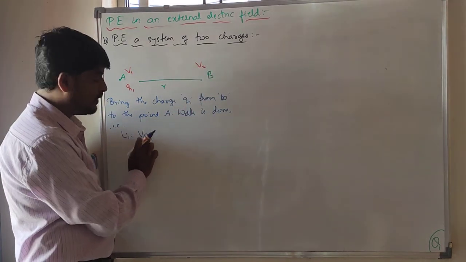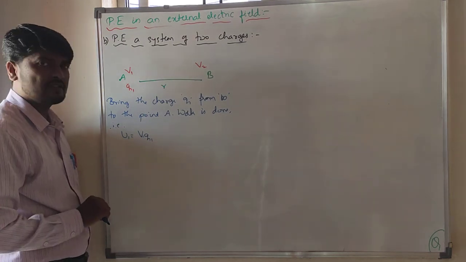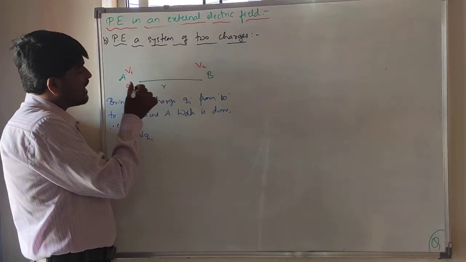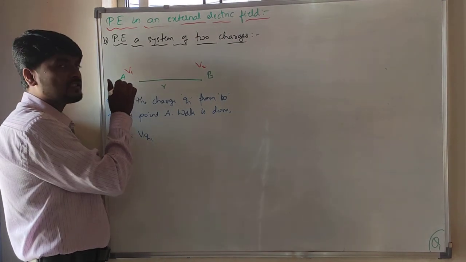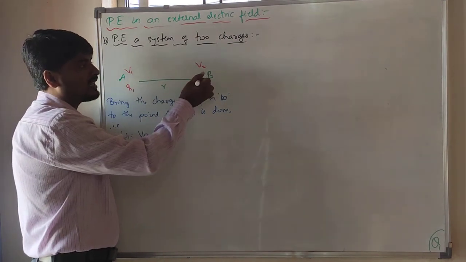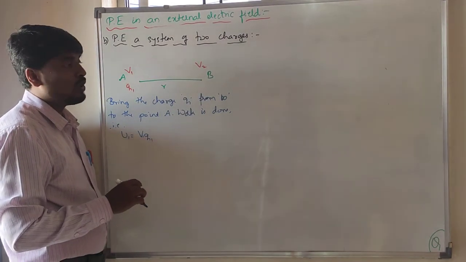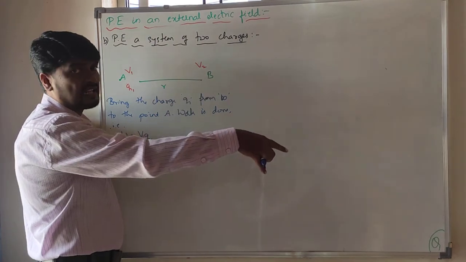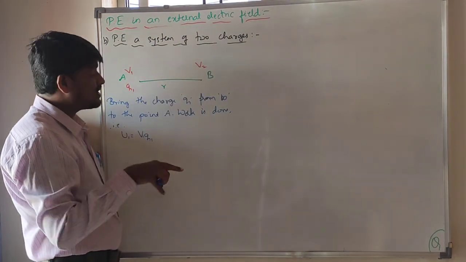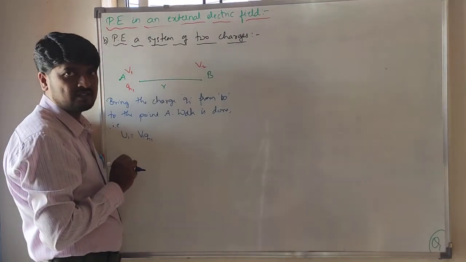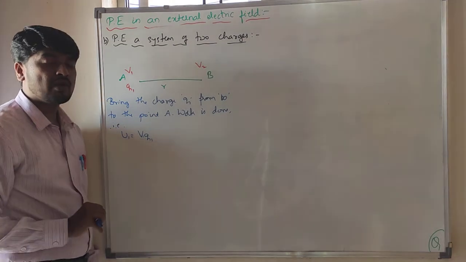That's it, V1 Q1, V2 Q2. At the same time, friends, look at this. Already we placed charge Q1. Once we place charge Q1, at the point B, how many potentials are there? Two potentials. One is due to this external electric field, that is V2, and another is due to the charge Q1.